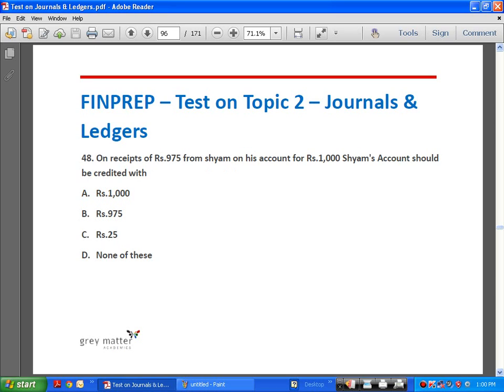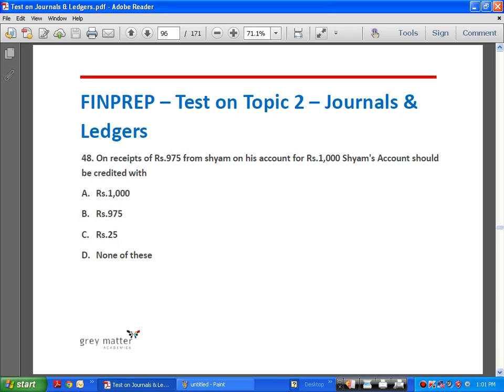Right. Question number 48. On receipt of 975 rupees from Shyam on his account for 1,000 rupees, Shyam's account should be credited with what? So see, this is slightly different from the previous problem where it said that 975 rupees was received in full settlement. But here it says 975 was received from Shyam on his account.